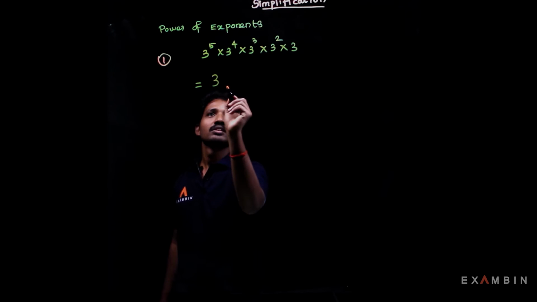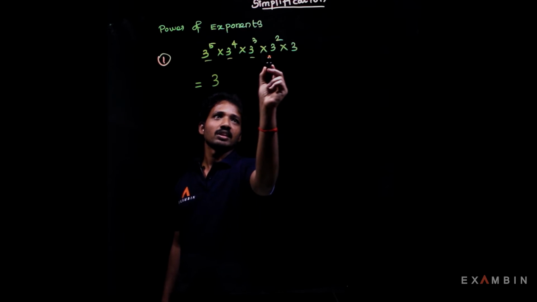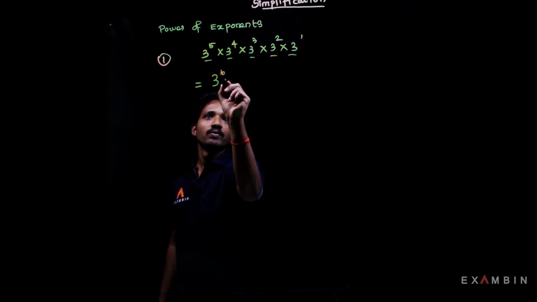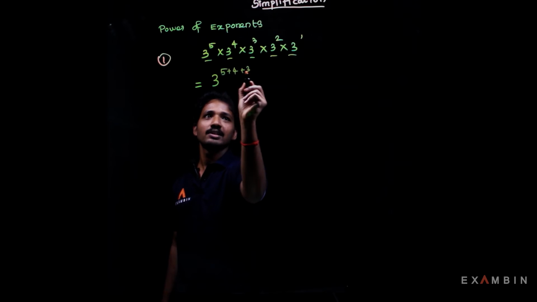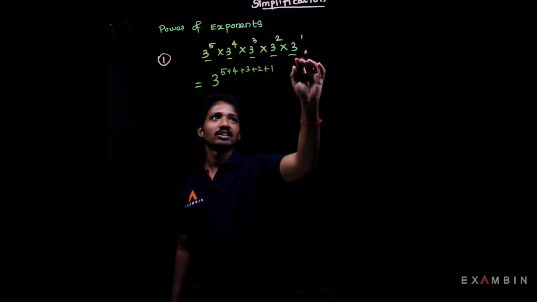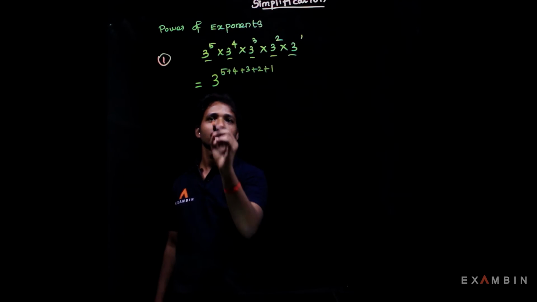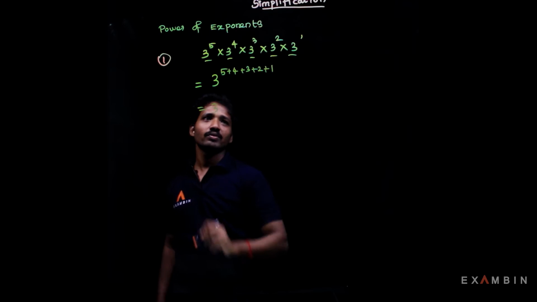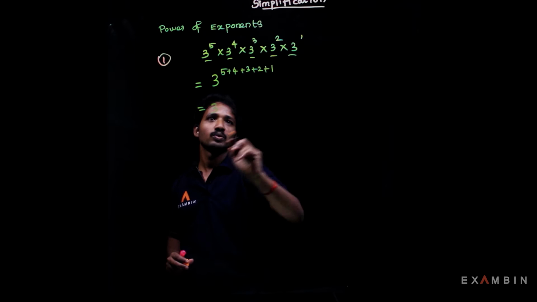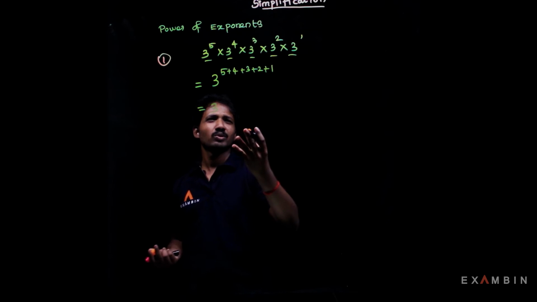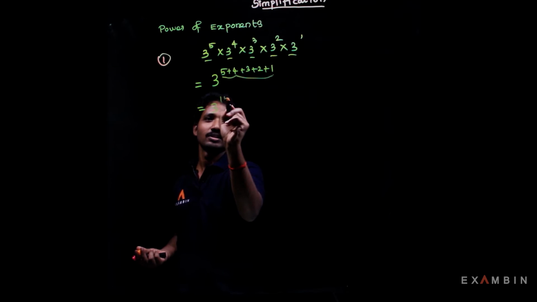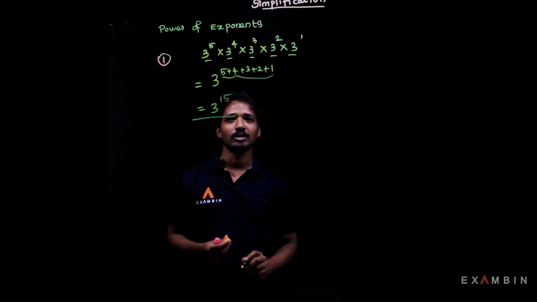All the bases are 3, so we just add the powers: 5 plus 4 plus 3 plus 2 plus 1. If nothing is written, you need to take it as 1. Next, we need to sum up 1 to 5. We don't need to use a formula because it's simple: 9, 10 plus 5, 15. So the answer is 3 power 15.